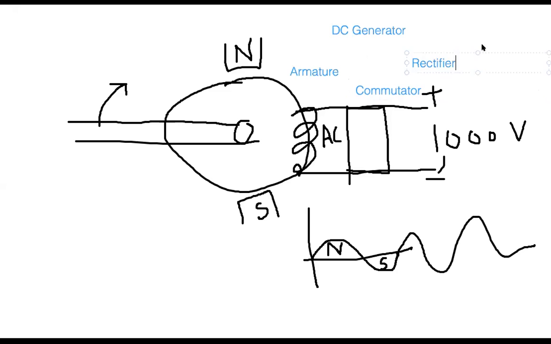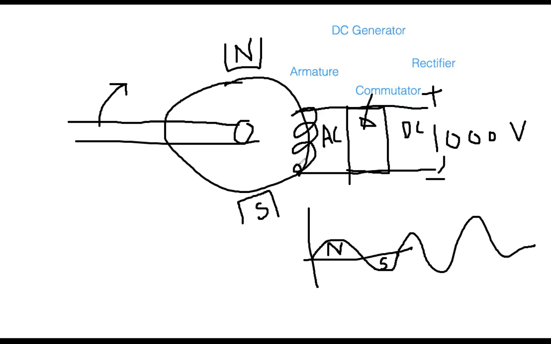You all know the function of a rectifier is to convert AC into DC. Similarly, in a DC generator, there is a component attached to the coils, which is called the commutator. This body is the commutator. That body converts into DC. So this means in real practice, even though it is called a DC generator, initially AC voltage is produced.